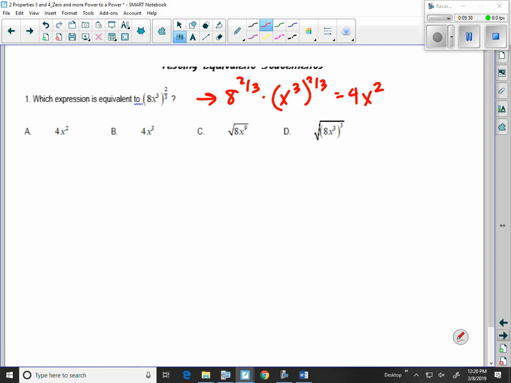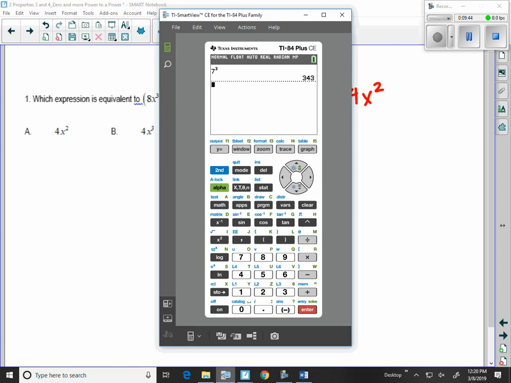Do you need me to show you how to do 8 to the 2/3 in the calculator? So if you do 8, caret, 2 divided by 3. Now, some of you need to do this, depending on what calculator you have, you might have to put parentheses in here. So give that a shot.